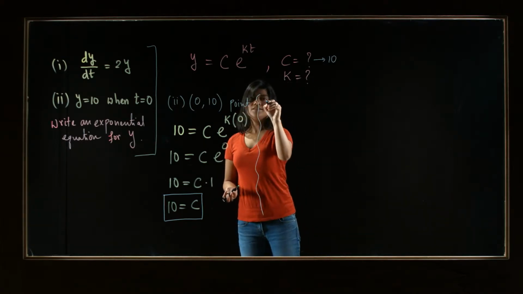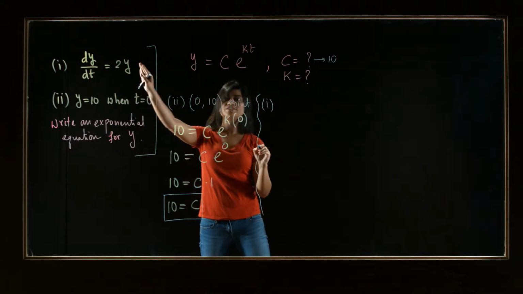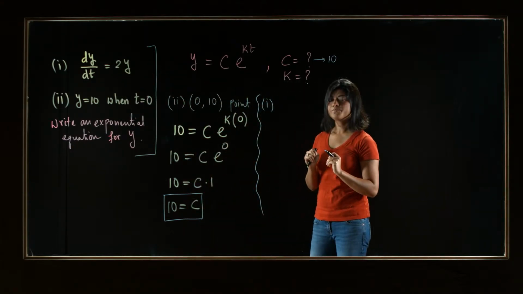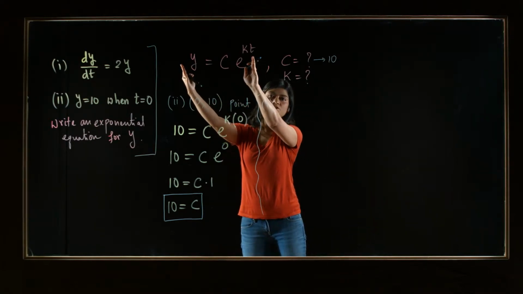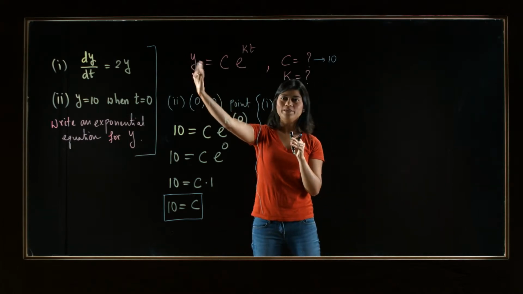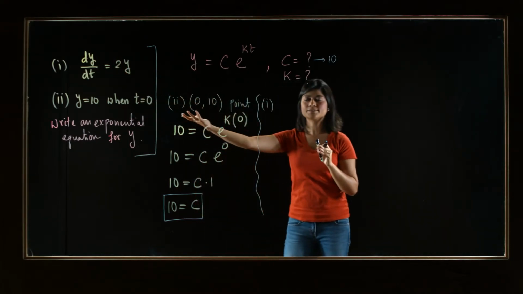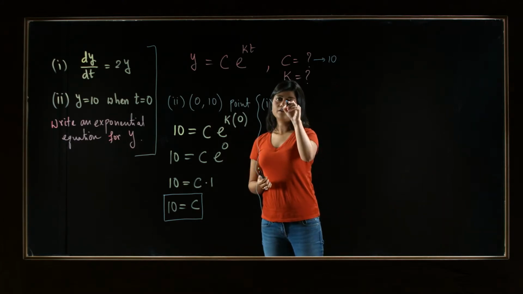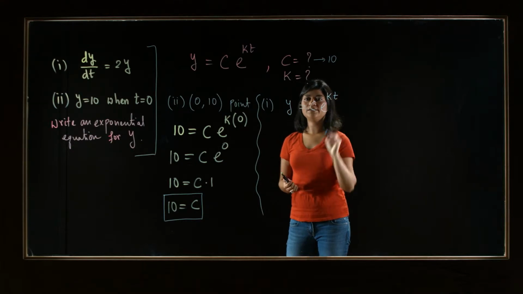Next, let's use the first fact, that the derivative is equal to 2 times y. How do we use that? Let's start with our equation and take the derivative. Then the left hand side will be dy/dt, and we can plug in whatever dy/dt is. So let's start there. y is equal to c e to the kt.